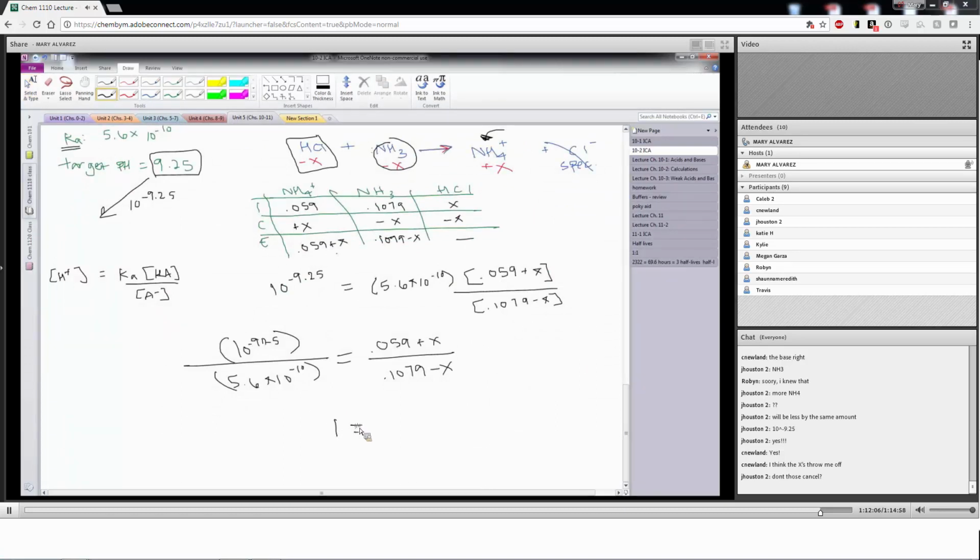So 1 is equal to 0.059 plus X divided by 0.1079 minus X. So now I'm going to multiply both sides by 0.1079 minus X, and I get 0.1079 minus X equals 0.059 plus X.